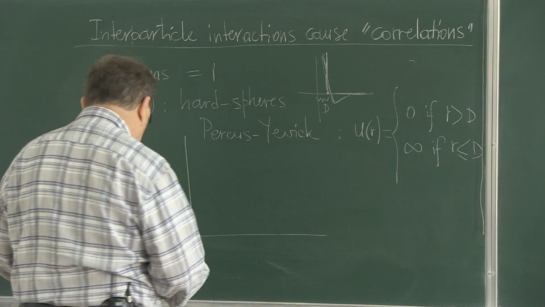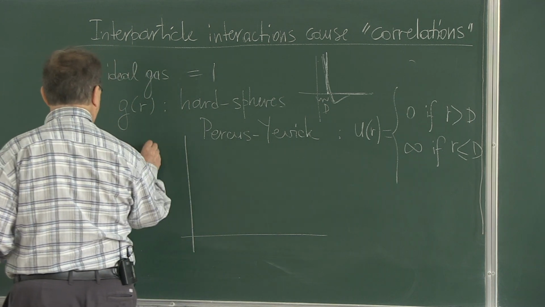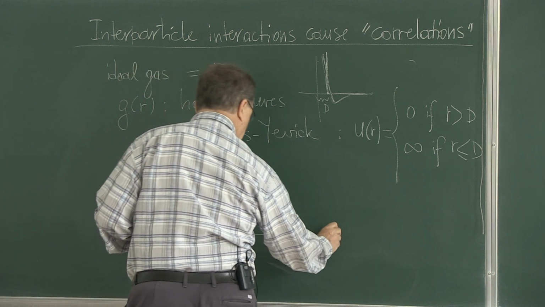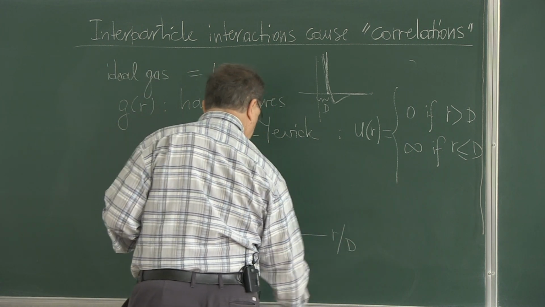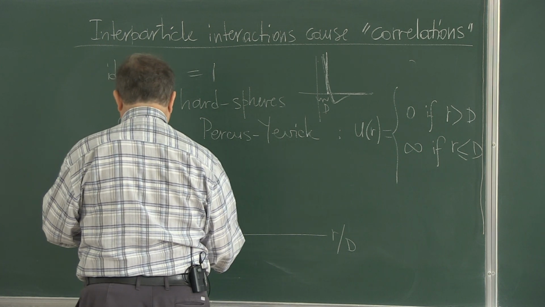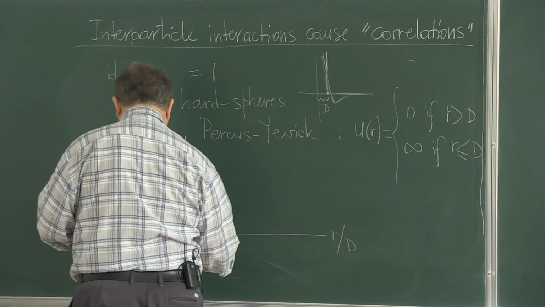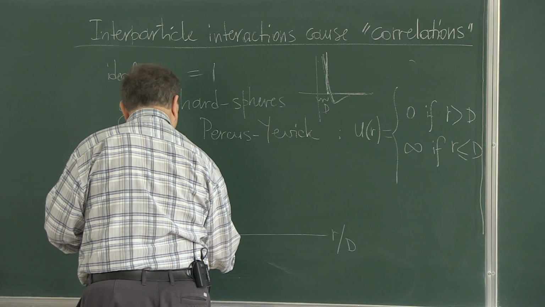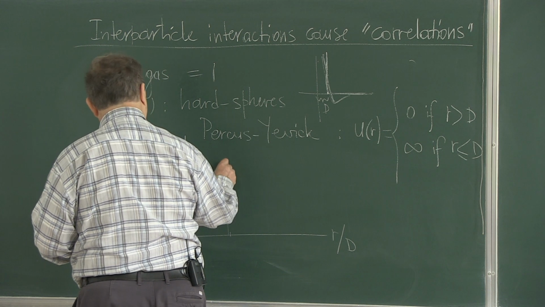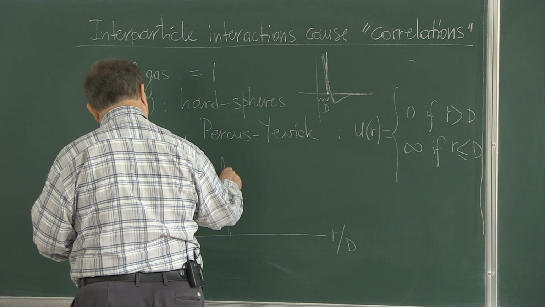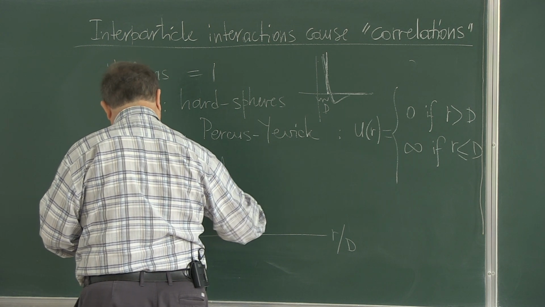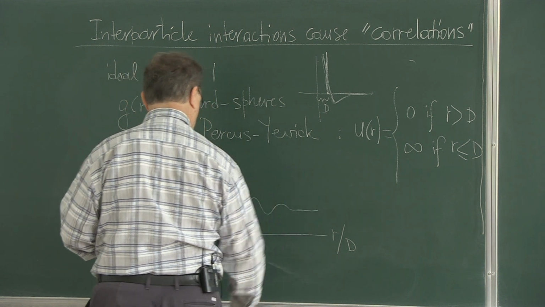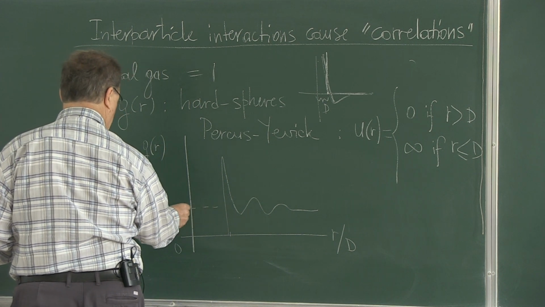It's very easy. G of R turns out to be, in units of D, a very steep peak at 1, so that this limit is 1.